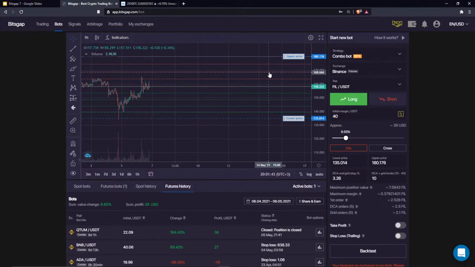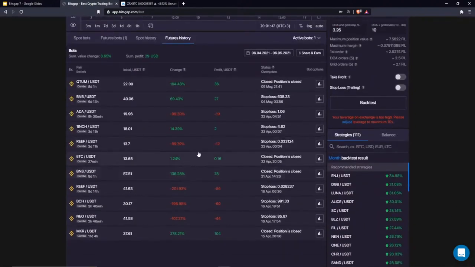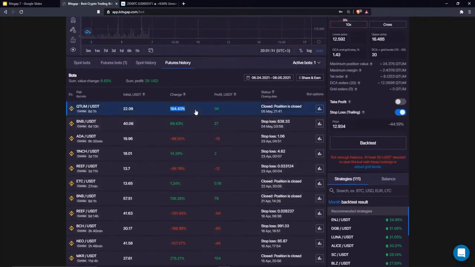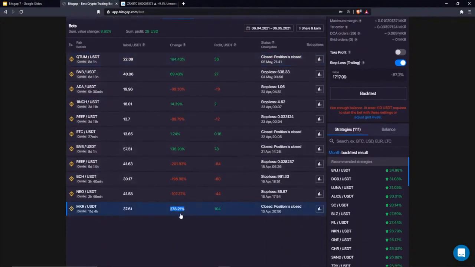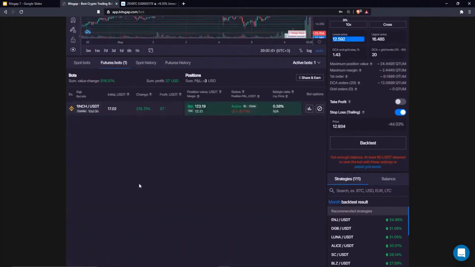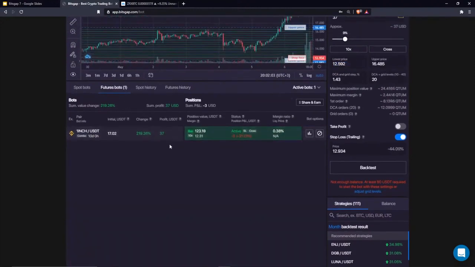With the 2-layer DCA structure, your risk exposure can be doubled, and like in my case, you can lose twice more. But also you can make 2 times more, 3 times more, 4 times more. You see here, 278%, that's what I made, almost 3 times more. Also here, 164%, and now you see already 219% made.